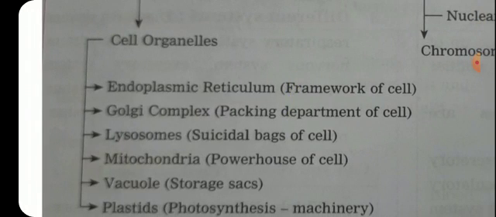Cell organelles, actually they are organs of the cell and they are specialized subunits with specific cellular function. Each organelle has its own lipoprotein membrane. Except nucleus and chloroplast, all other organelles can be seen only with electron microscope.